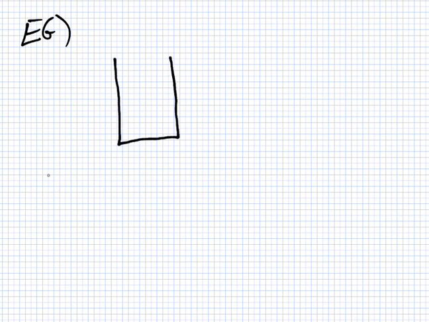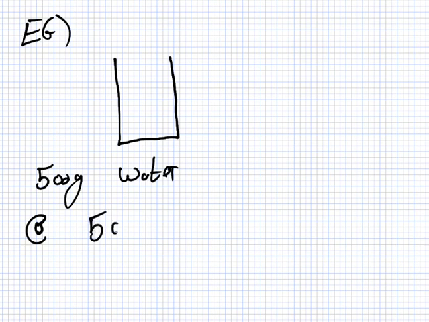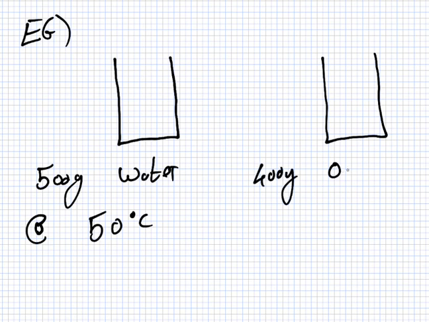So here is, let's say, 500 grams of water at, I don't know, 50 degrees. And then here, let's say this is oil. Let's say it's 400 grams of oil. And let's say this one is at, I don't know, 70 degrees, something like that.